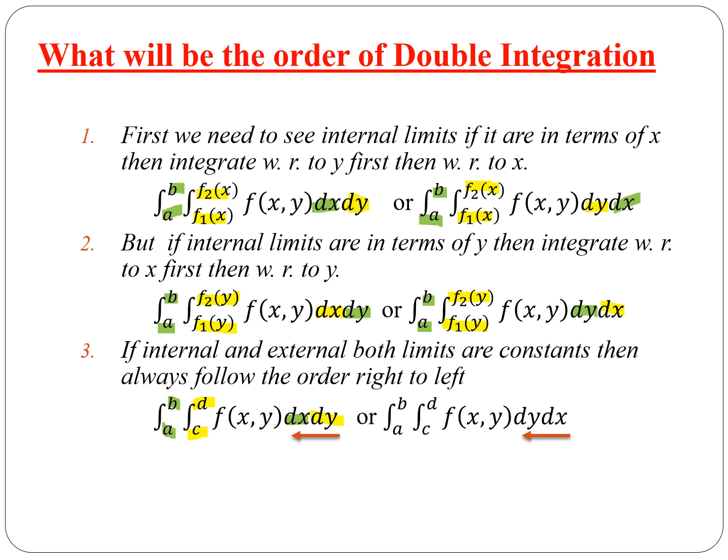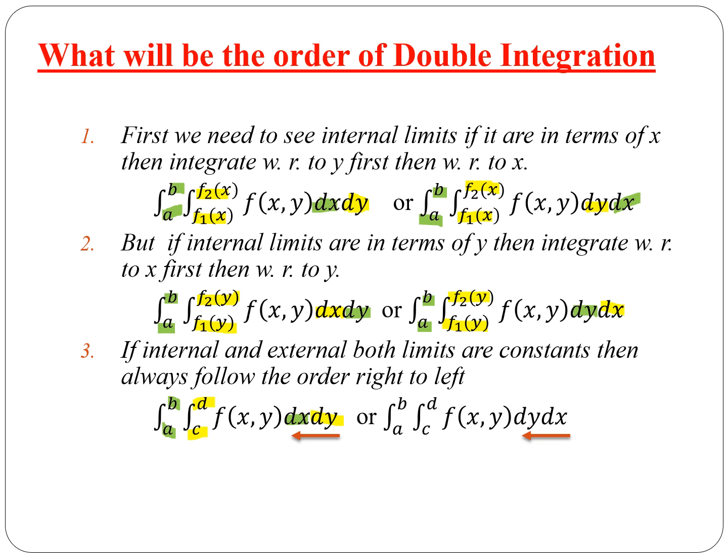So if both limits are constant, we always take the order from right to left. On the right side we have dy, so first we integrate with respect to y and then dx. Similarly, we have the second example, integral a to b, integral c to d, f of xy dy dx.